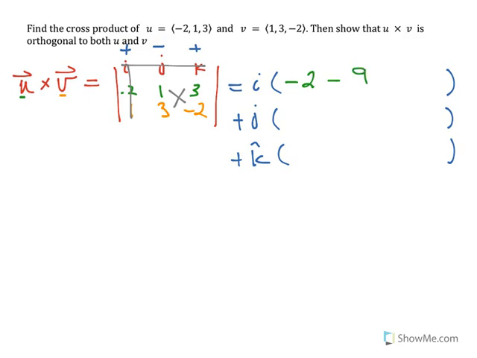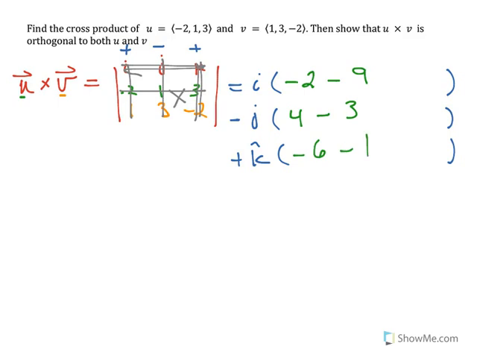Then you cross j, but remember that j must be negative. I made a mistake there. j should have been negative, and we cross the j and its row and column. You end up with minus 2 times minus 2, that's 4, minus 3 times 1 is 3. And lastly k, you cross its row and column, and you get minus 2 times 3 is minus 6, and 1 times 1 is going to be 1.